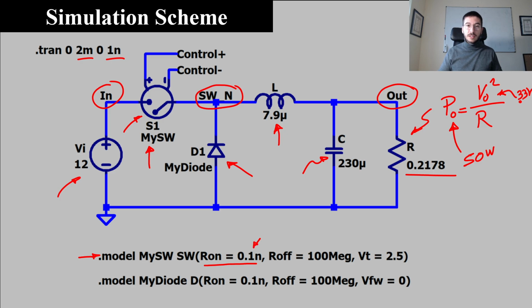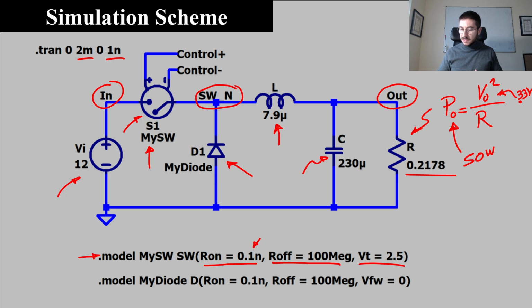Here we use 0.1 nano ohms. Similarly, when we want a switch that is off, we want an open circuit, so we have to put a very large resistance. In this case I put 100 mega ohms.